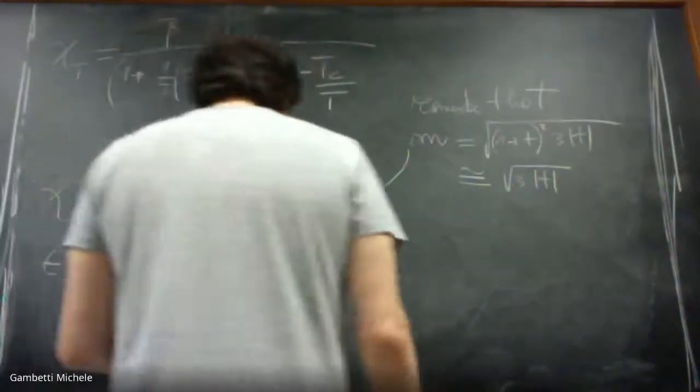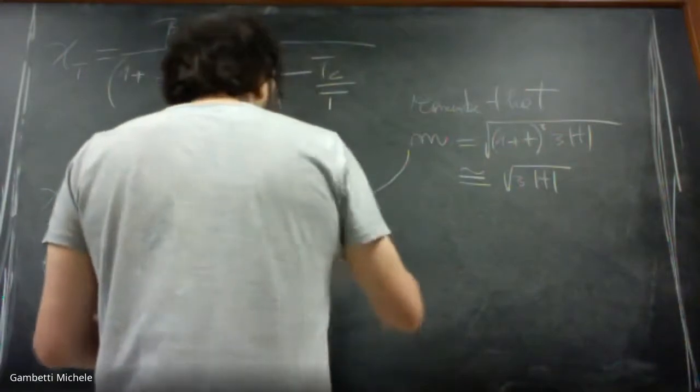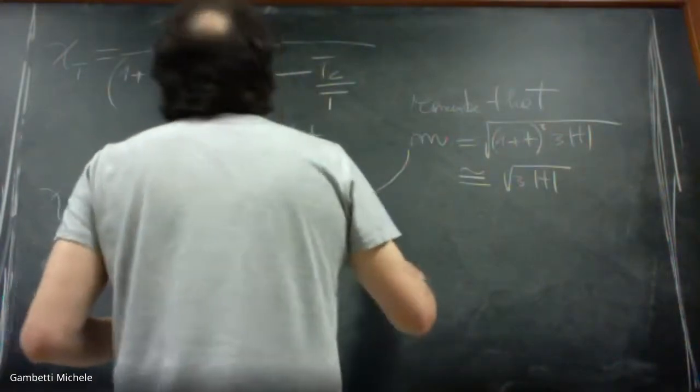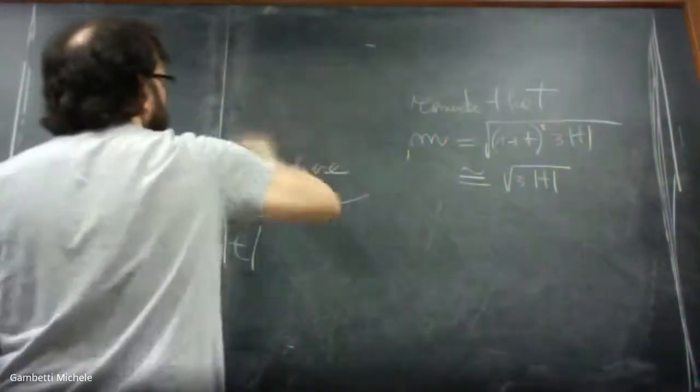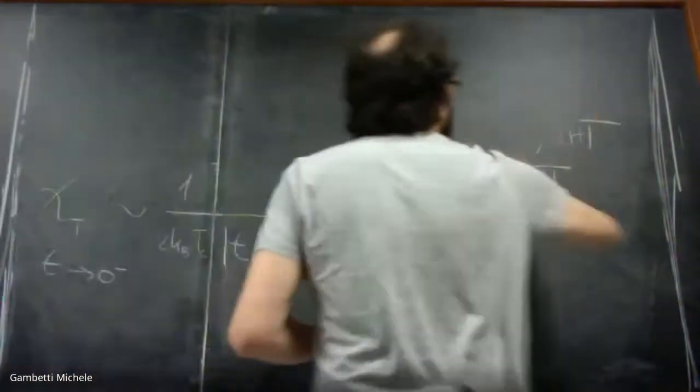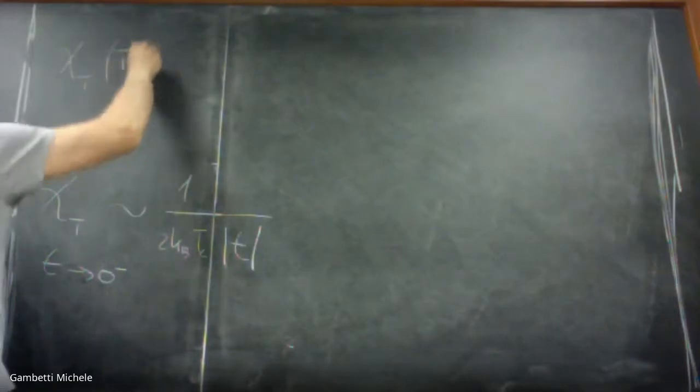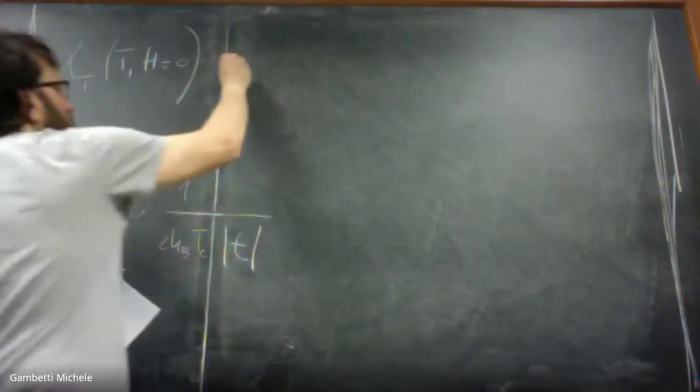So now to summarize, let's put it here. Summarize this kind of t is a function of t, and we said h equal to 0, is behaving in the following way.